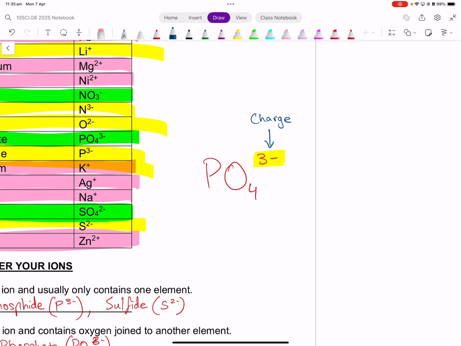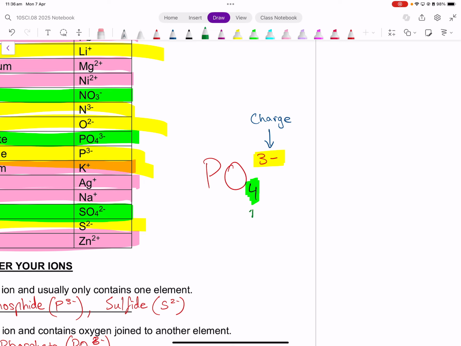Now, here's where some people can get a little bit confused. If I highlight it in green, this 4 down the bottom here, what does that one mean? Does anyone know? Great, it means how many of which element? How many oxygens only.